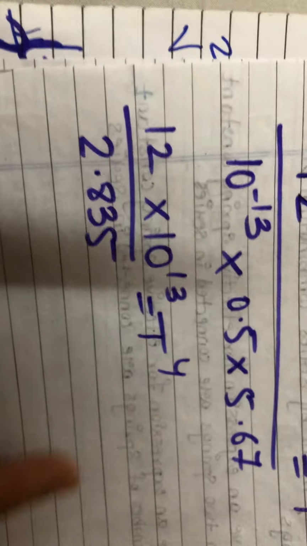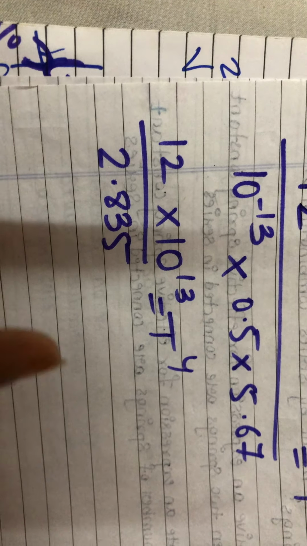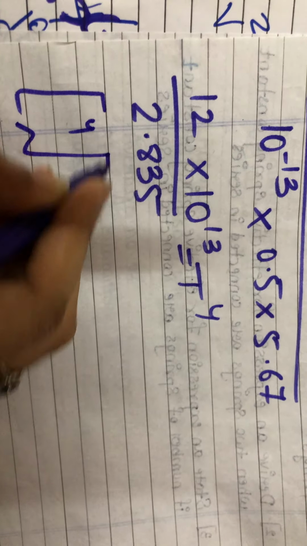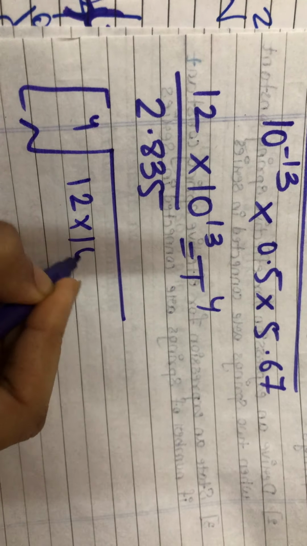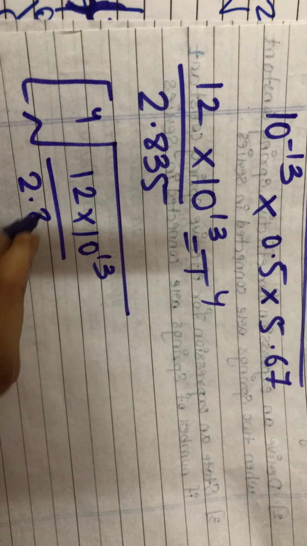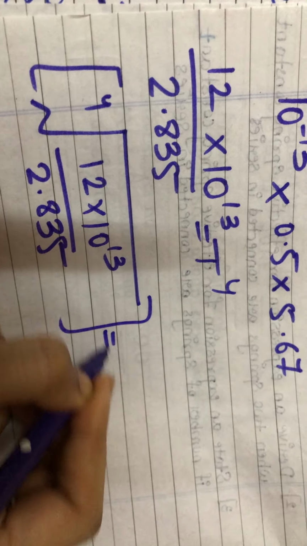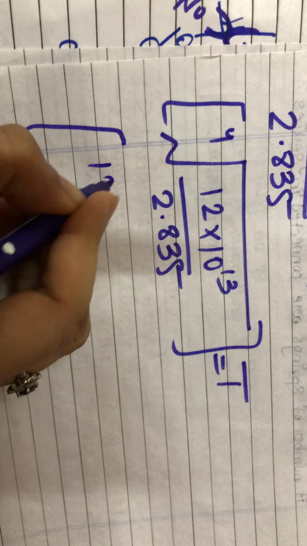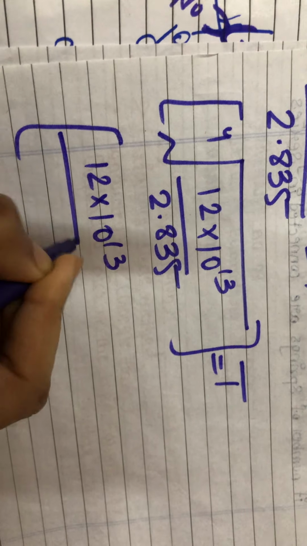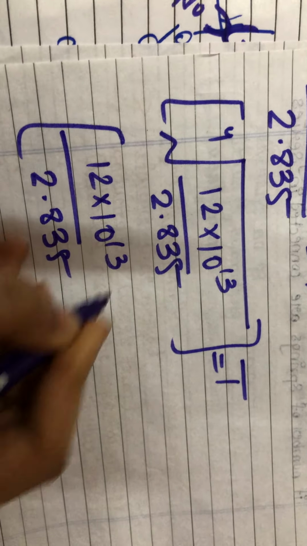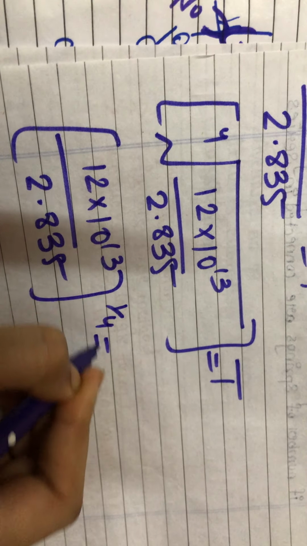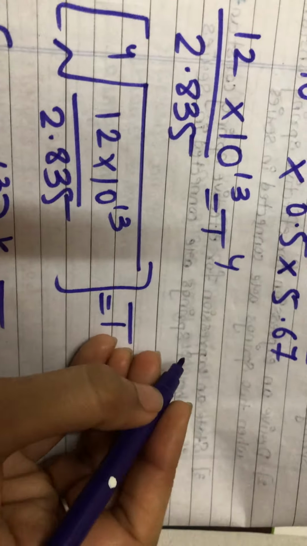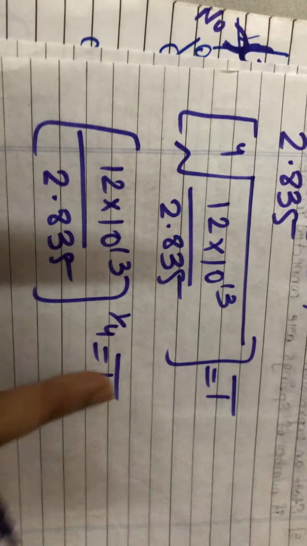Now this T raised to 4, if I take it towards the left hand side, it becomes the 4th root of 12 into 10 raised to 13 upon 2.835, equal to T. This can be written as 12 into 10 raised to 13 upon 2.835, raised to 1 upon 4, equal to T. The 4th root can be written as 1 upon 4. If it is a cube root, it can be written as 1 upon 3.